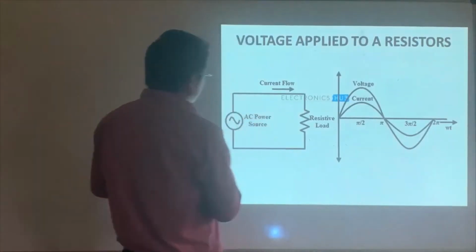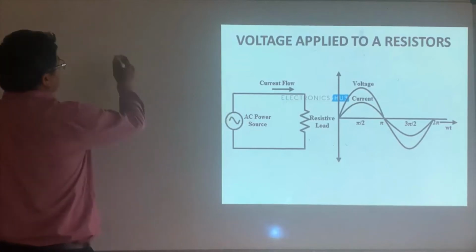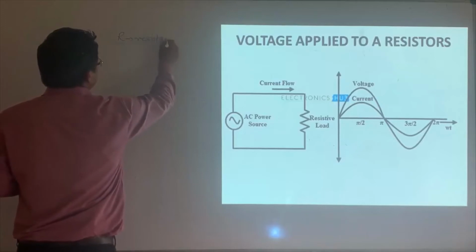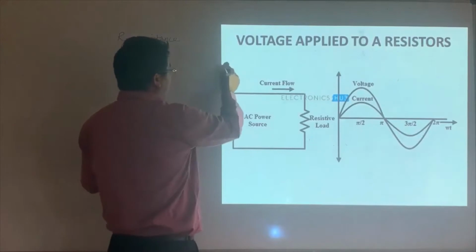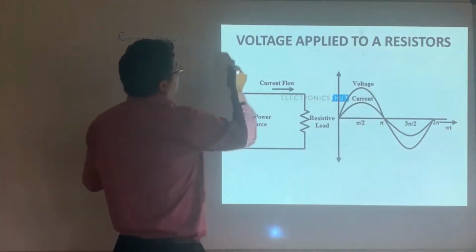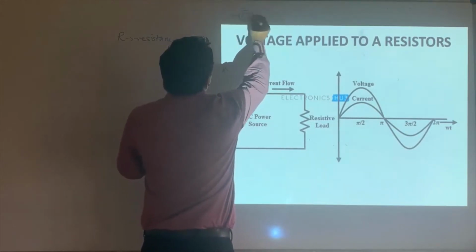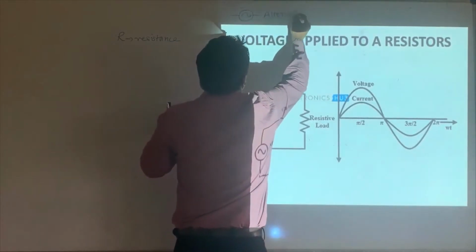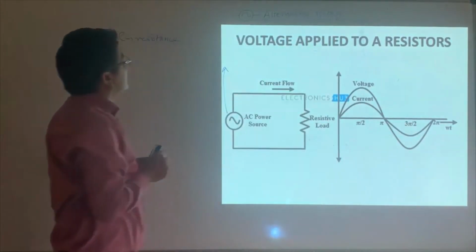So I have R as a resistance, and this indicates the alternating voltage source. This symbol represents a sine curve, this is the alternating voltage.